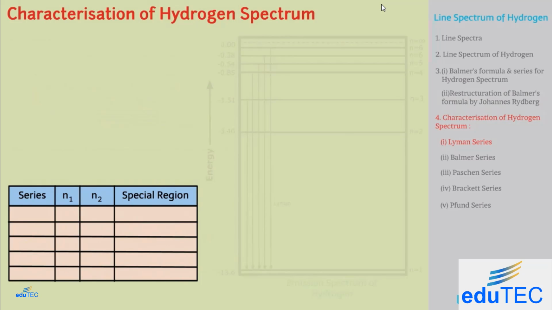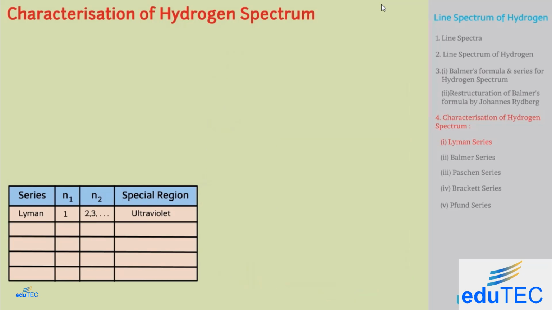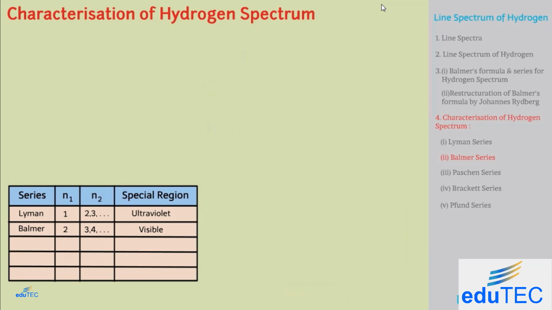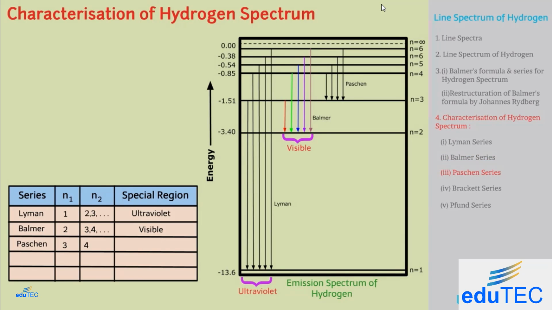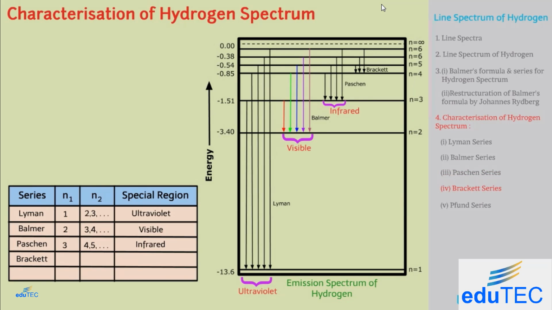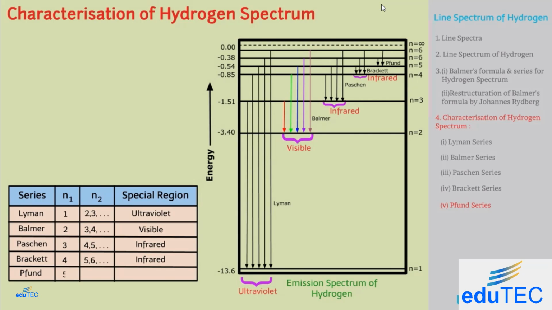That is, Lyman series corresponding to ultraviolet region, Balmer series corresponding to visible region, Paschen series corresponding to infrared region, Brackett series corresponding to infrared region, and Pfund series corresponding to infrared region.